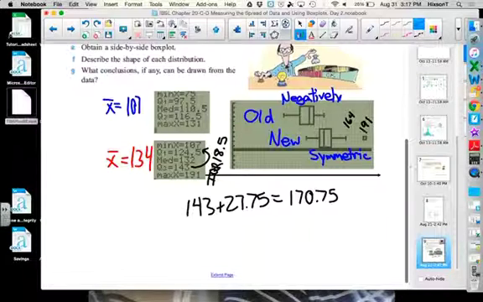This is a more consistent design. If we were finding the standard deviation, this would have a smaller standard deviation because it's grouped a little tighter. So, not only are we getting a longer lifespan, we're going to have fewer duds, and it'll be a little more consistent and a little more predictable.